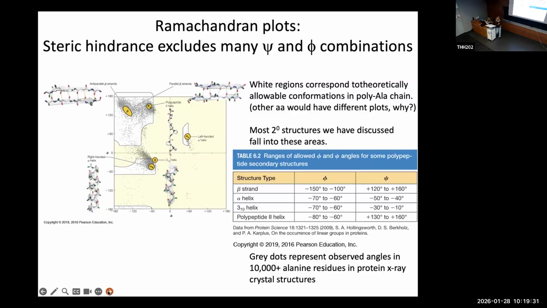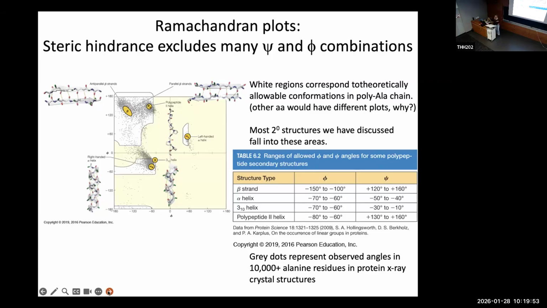There are a couple other helices. We sometimes see a left-handed alpha helix instead of right, turning the other way. And then this is another helix called a 3-10 helix. It just has a slightly tighter turn to it. So instead of 3.6 amino acids, it's 3.